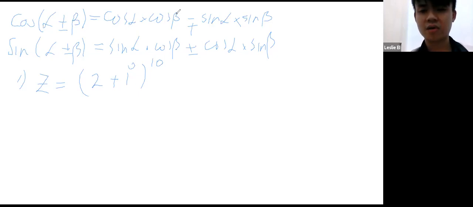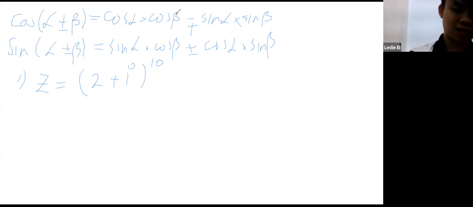Before I show you how the polar form applies, the first two are trigonometry rules that you should know. If you don't know, then you can take note of them. Now, let's say I have two complex numbers. The first complex number, the angle is alpha.